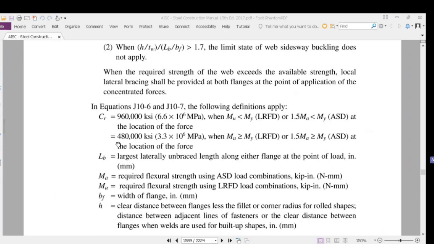Similarly, Cr is equal to 480,000 ksi when the flexure strength is greater than the yield moment. The specification also suggests that we should provide local lateral bracing at both the top and the bottom flange when the required strength of the web exceeds the available strength.